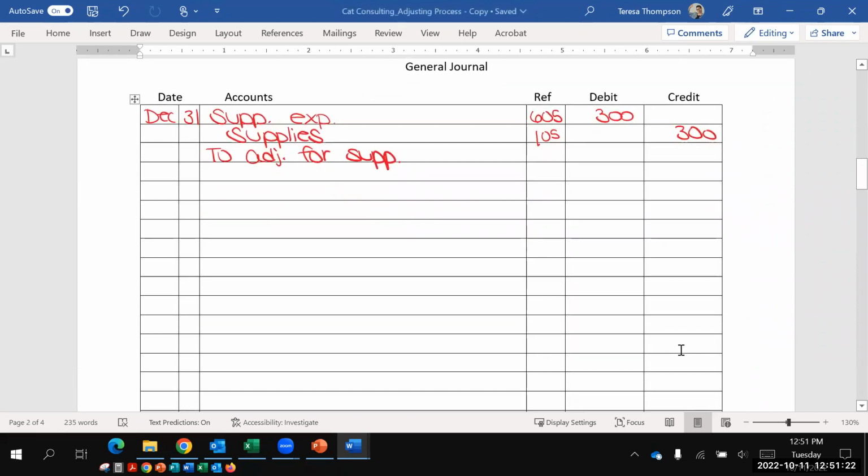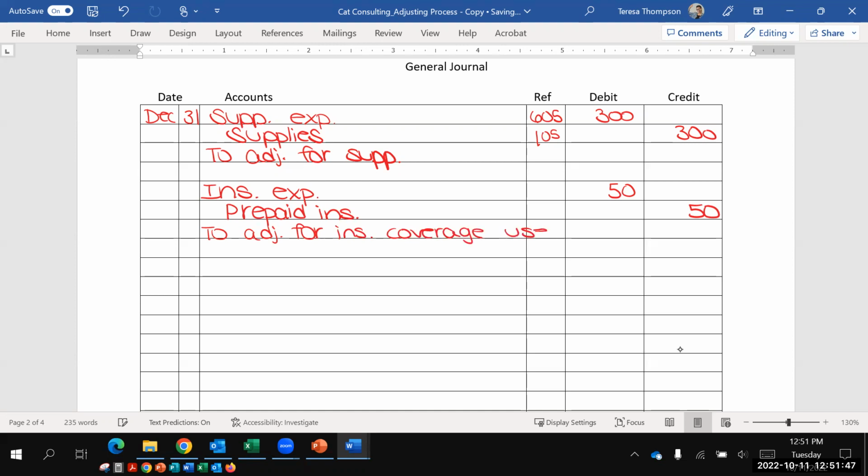So $50 is going to move to an expense account, specifically insurance expense. And prepaid insurance is the credit, since we're reducing that asset. To adjust for insurance coverage used.